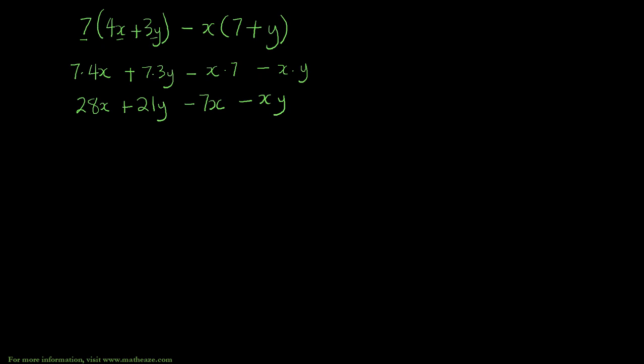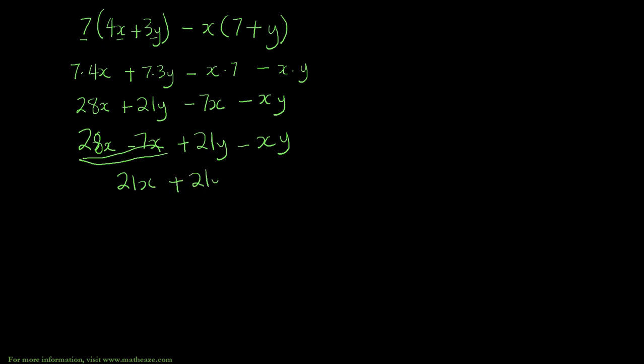So we have 28x minus 7x plus 21y minus xy. You can see that 28x and 7x are the only group with common terms. So 28x minus 7x gives us 21x, plus 21y minus xy.